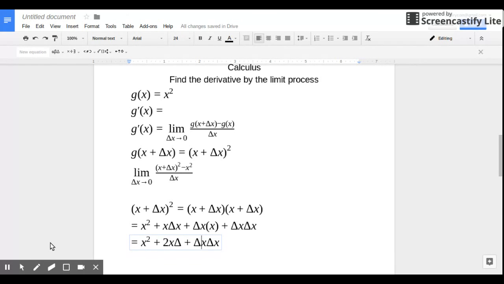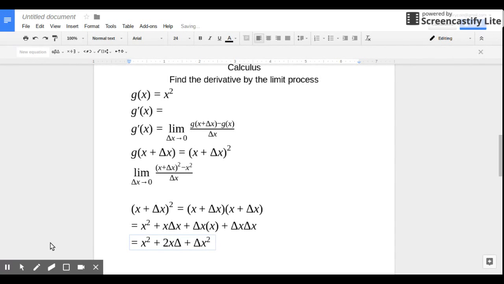And this term here can actually be rewritten. We have delta x times delta x. It'd be like saying x times x is the same thing as x squared. So what we could do here is, let's see, I don't know, let's do this.